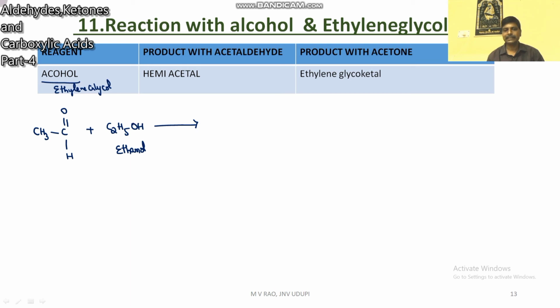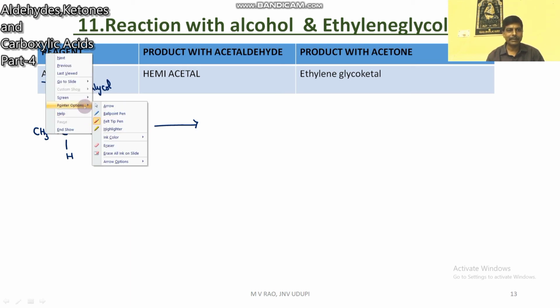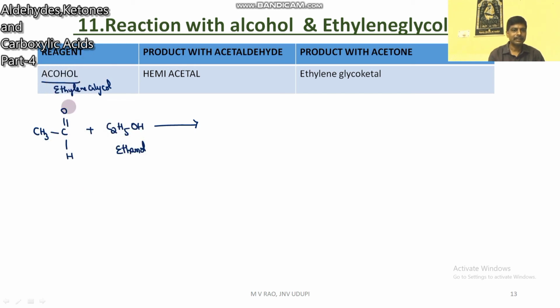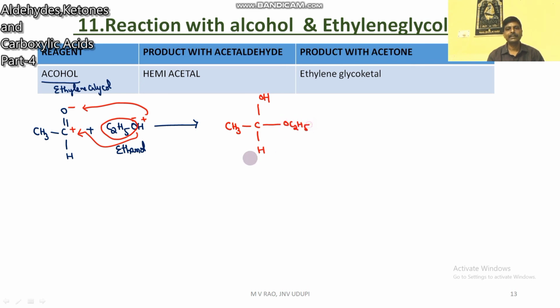Like the earlier case, O is negatively charged and carbon is positively charged. Here also this part is negative, this H is positive. So H will come this side, and this part will add to this one. Then the product is CH3CH(OH)OC2H5. This is called hemiacetal.